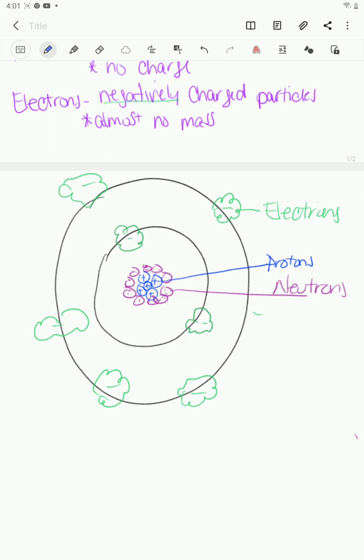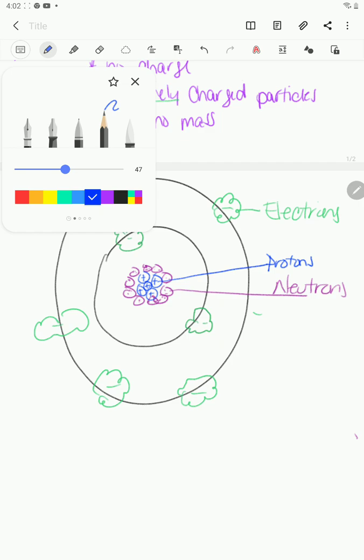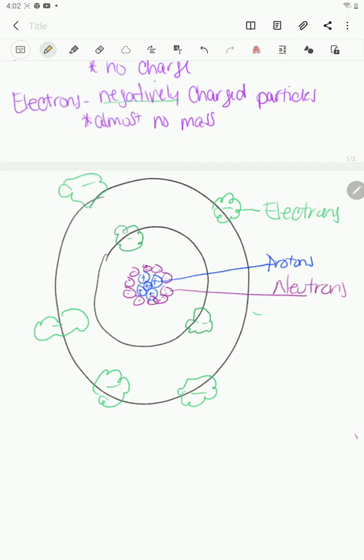So the protons and the neutrons form the nucleus, okay? The nucleus is the center of an atom, okay?